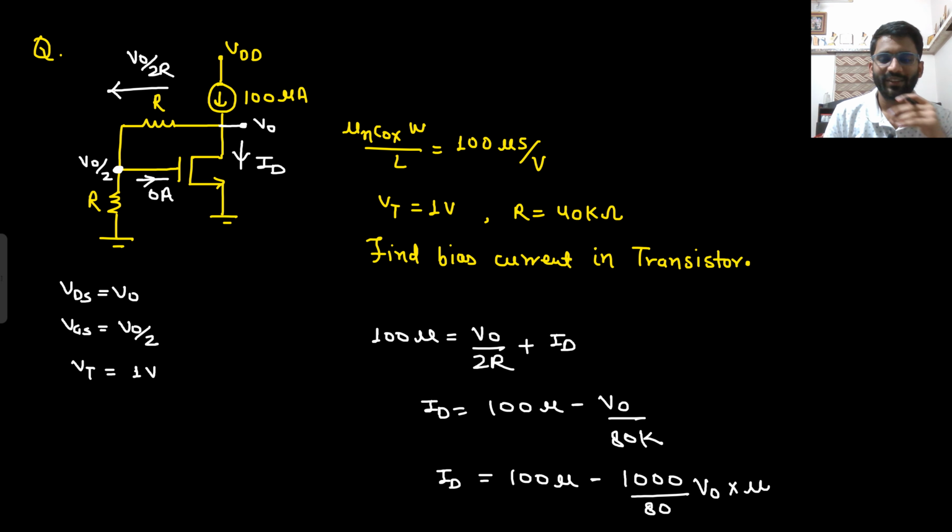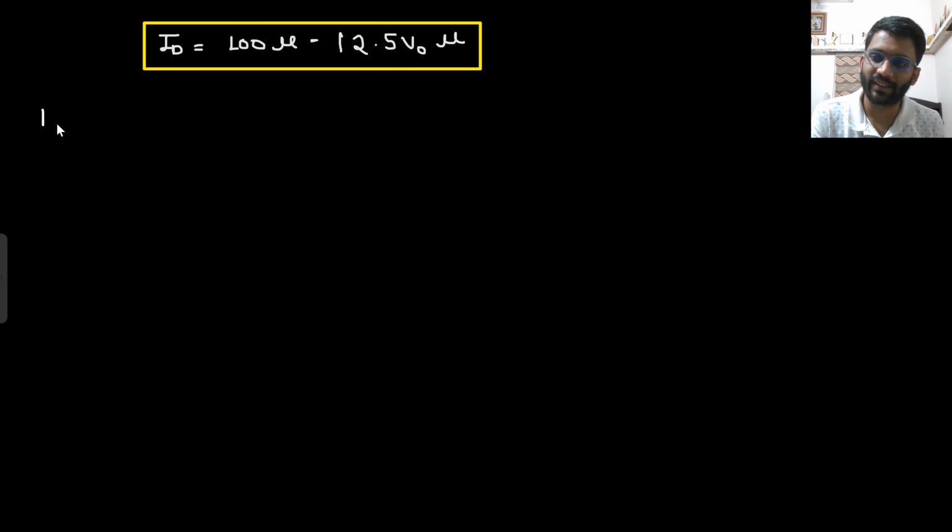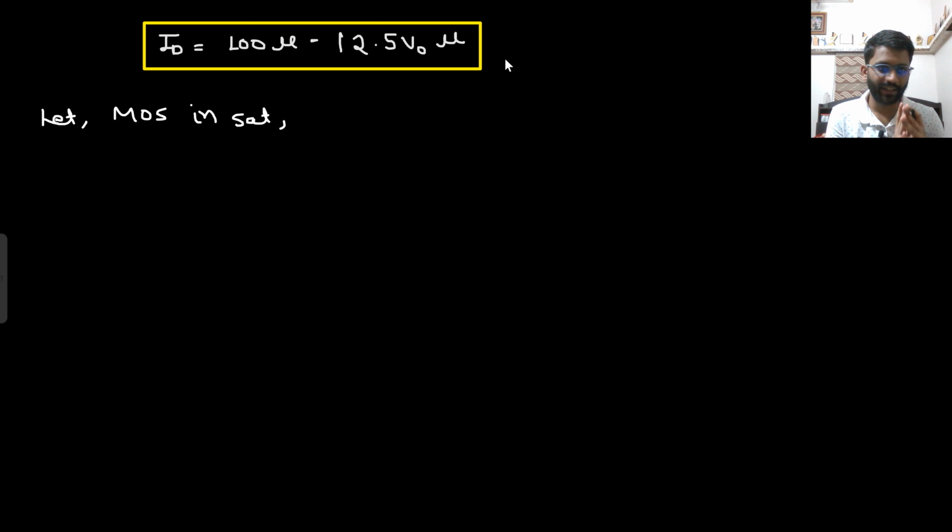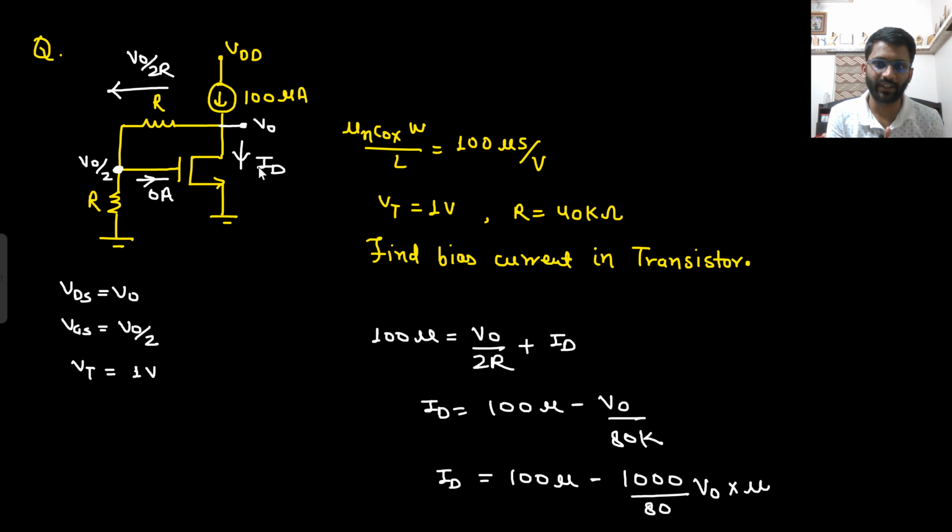Or I can assume it to be in linear region, because as far as I remember, it will be in linear region only. But since we are following the same method, let MOS be in saturation. This ID that I found is irrespective of linear or saturation, because I did not apply any ID equation. I just assumed ID as a variable.